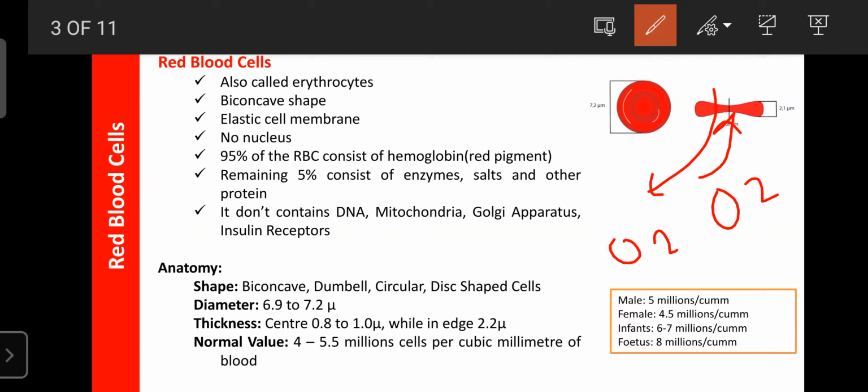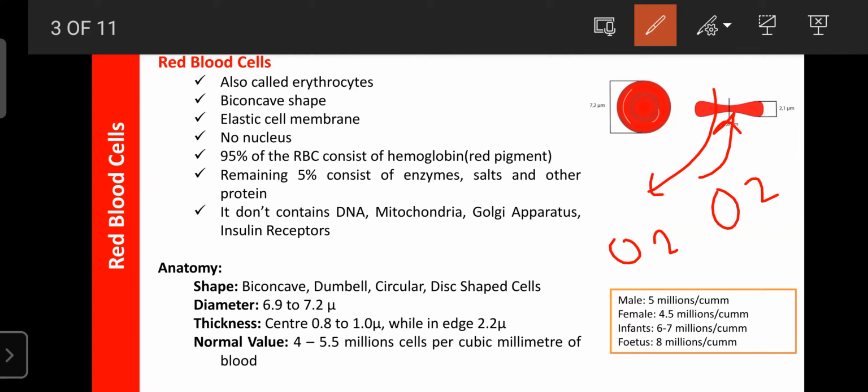Because mitochondria are the site for the breakdown of glucose in each and every cell, and RBC is also a cell. If mitochondria were present in RBC, then RBC would also be involved in glycolysis aerobically, that is in the presence of oxygen, and whatever oxygen is present in the RBC would be utilized. But in RBC there is no mitochondria.